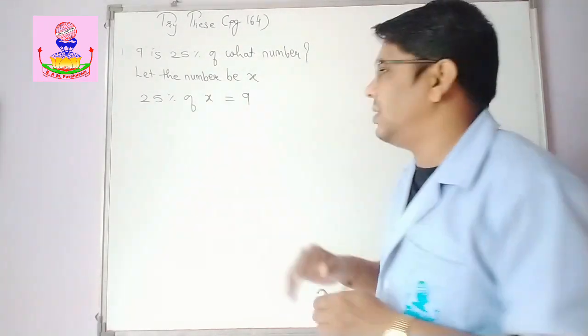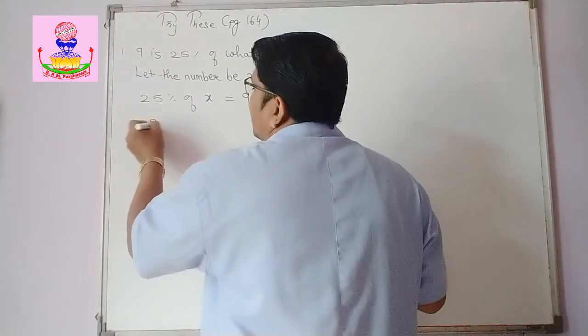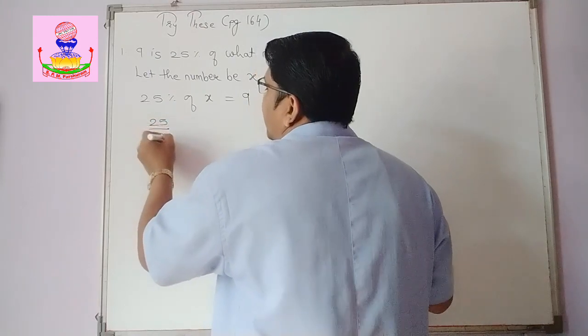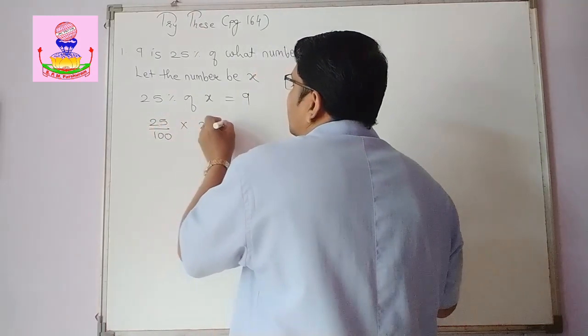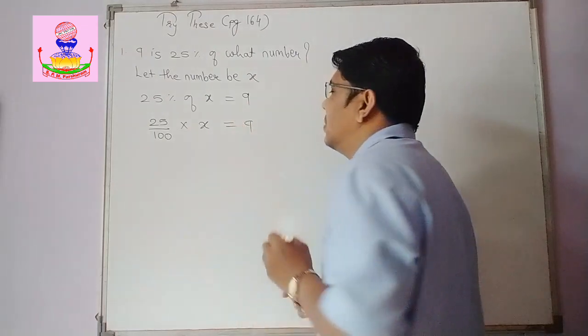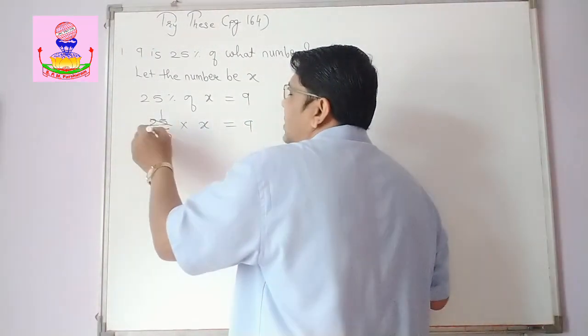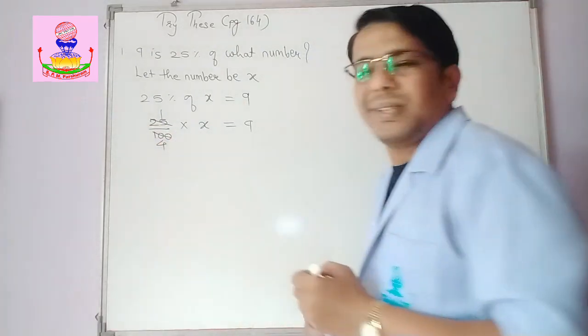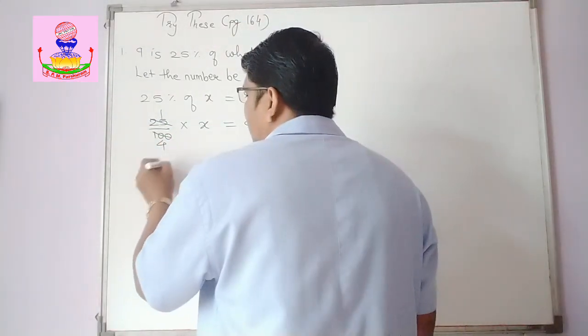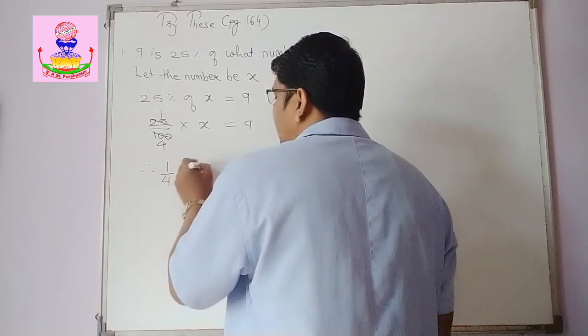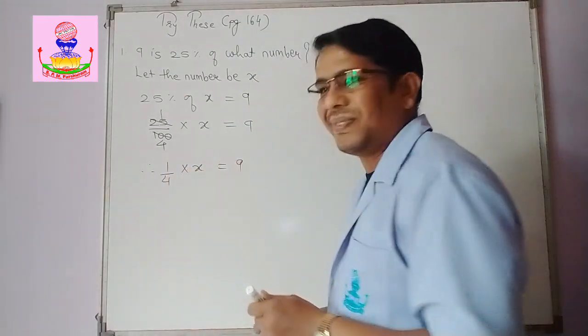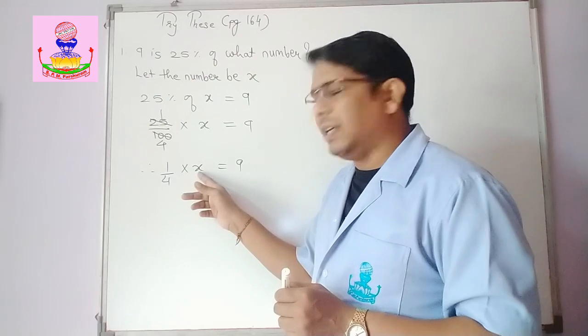So 25% of x is equal to 9. Now 25% means what? 25 upon 100, of means multiplication, into x, that is equal to 9. Now this is divisible. 25 ones are 25, 25 fours are 100. So therefore 1 upon 4 into x is equal to 9.